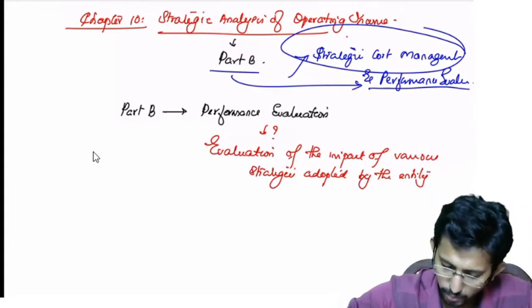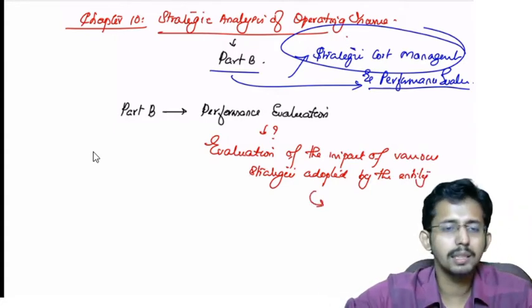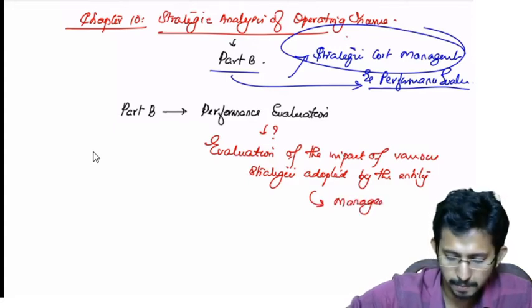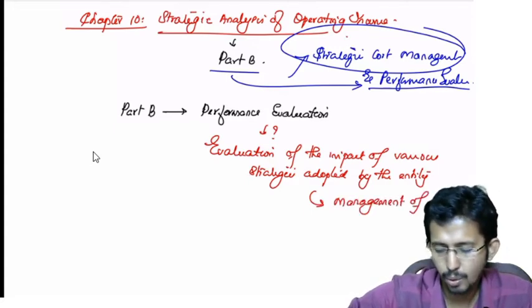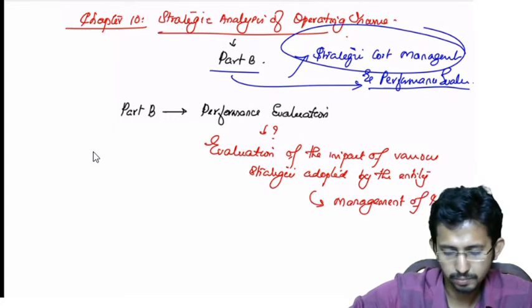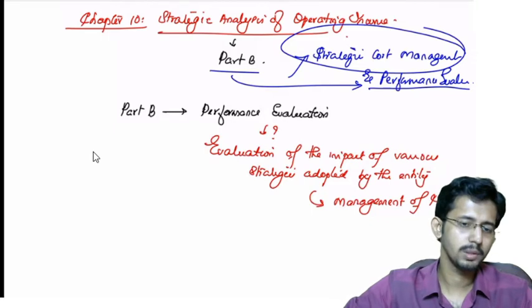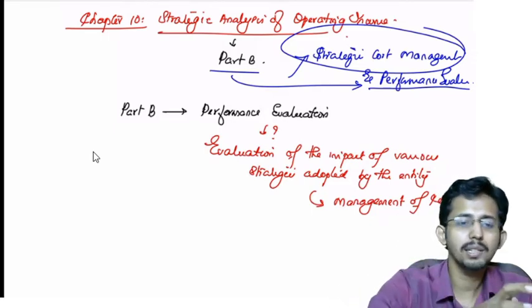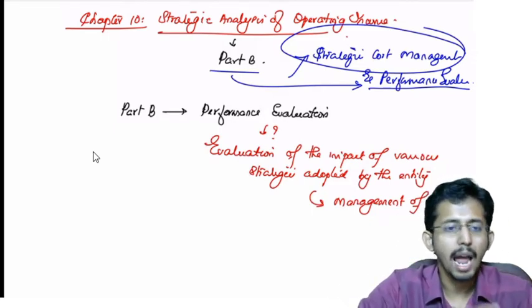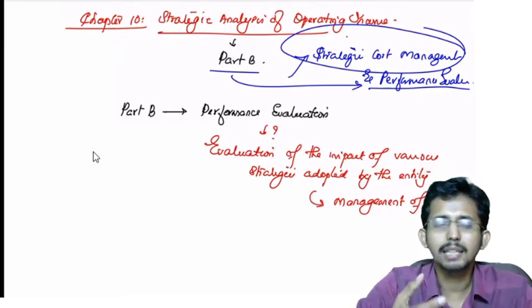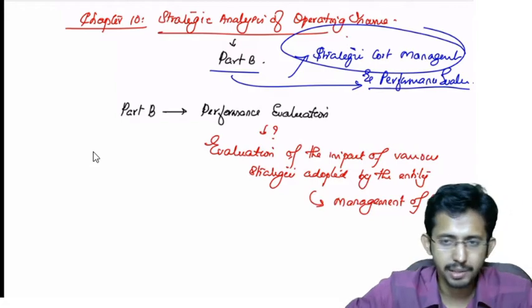For what? Why did you implement these strategies? For management of cost. Okay, so strategic cost management. You are managing your cost using various strategies. Okay, and what is the impact of those strategies adopted by your entity? That is what is covered in performance evaluation.